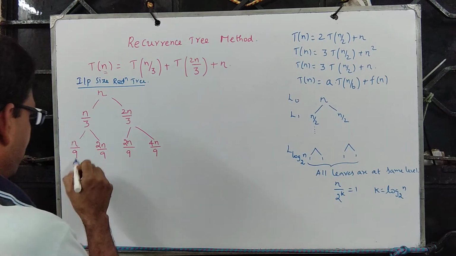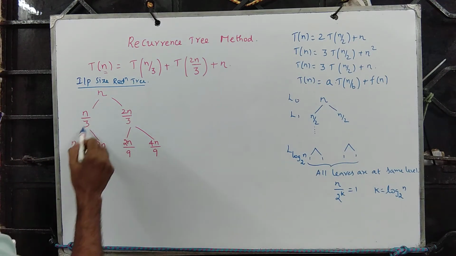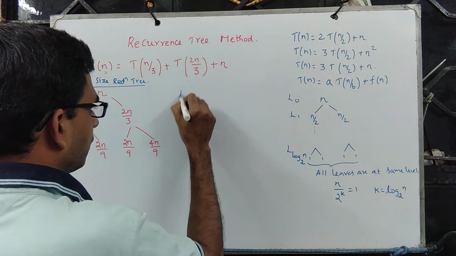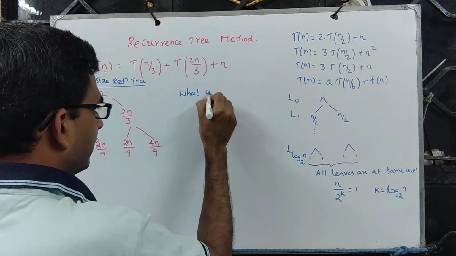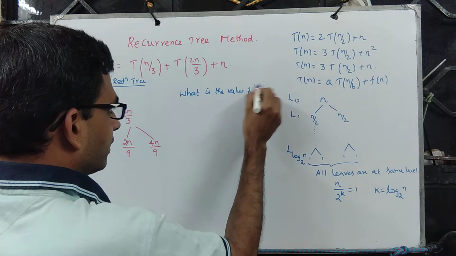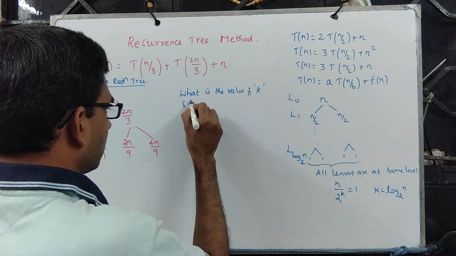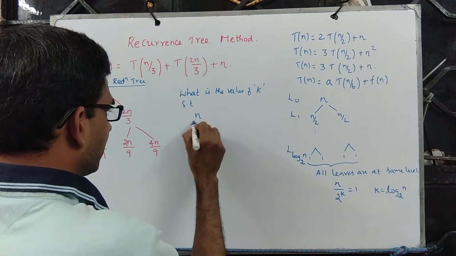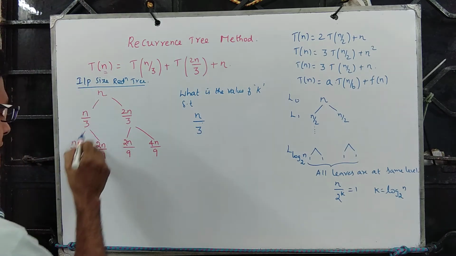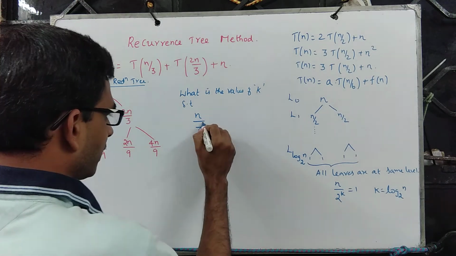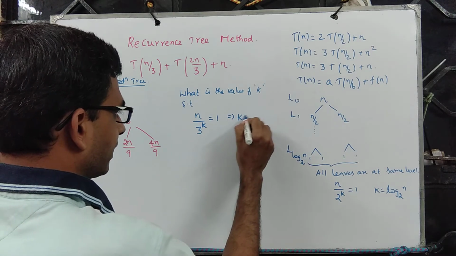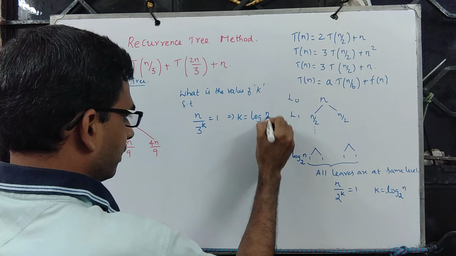Then I am interested in knowing this keeps reducing. n becomes n by 3, n by 9, then n by 27 and so on. So what is the value of k such that n by 3 power k is 1, with 3 power 1, 3 square, 3 cube? We see that k is log n base 3.